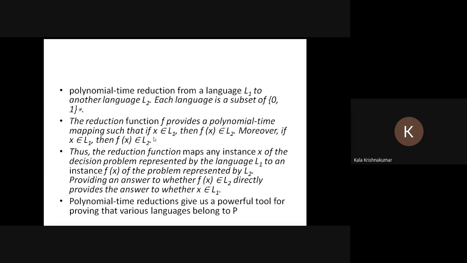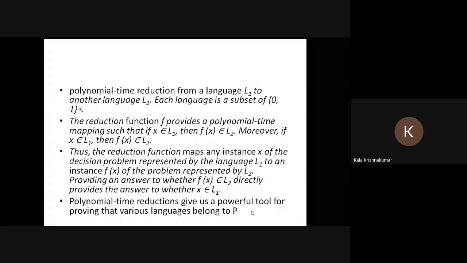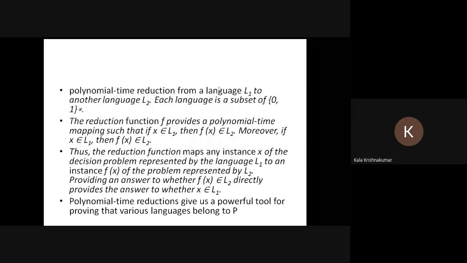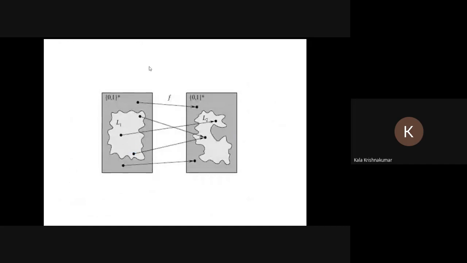So the reduction function maps an instance of L1 to an instance of L2. Polynomial time reduction gives us a powerful tool for proving that various languages belong to P. And we can see this. This is what it says: polynomial time reduction from a language L1 to another language L2 is given in this picture. Here, this is L1 and this is L2.